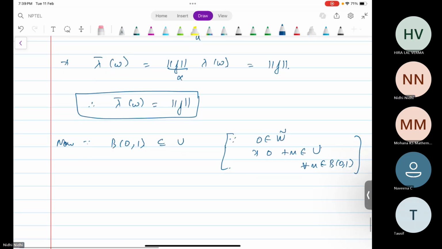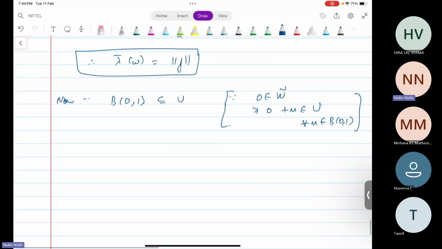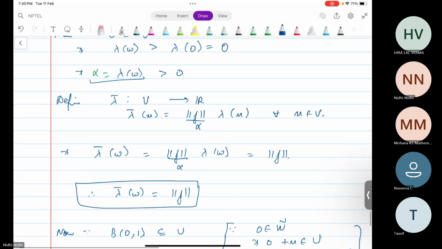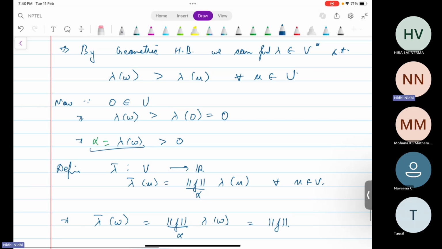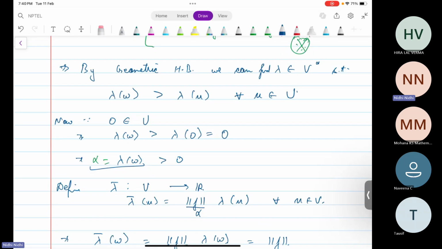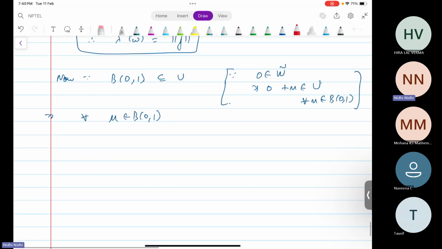That means for every u in B(0,1), from this star, let me mark this as star, lambda w is strictly greater than lambda u by star.